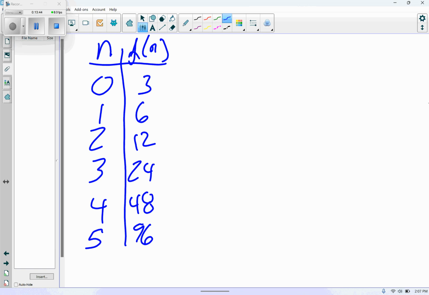So, again, we're going to start with N, and let's think about what N's going to do. If I'm starting my equation with just N, if I plug 0 in for N, do I get 3 out as it sits? If I plug 0 in for that N, do I get 3?